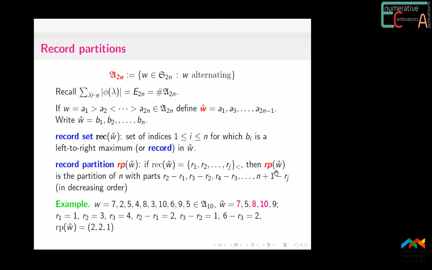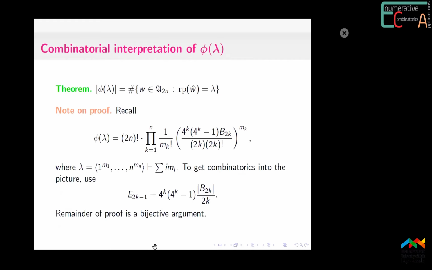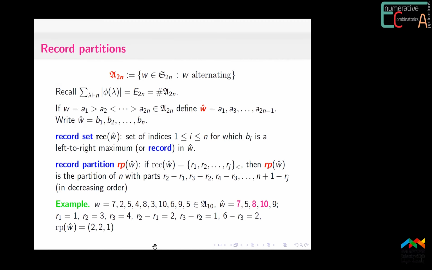So in particular, r_1 is always 1. R_1 in particular will always be a record.